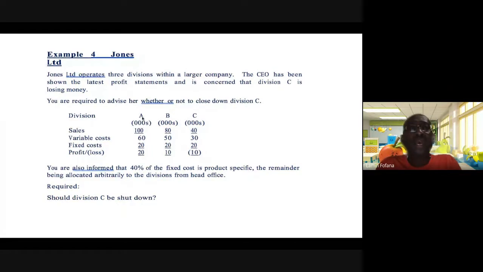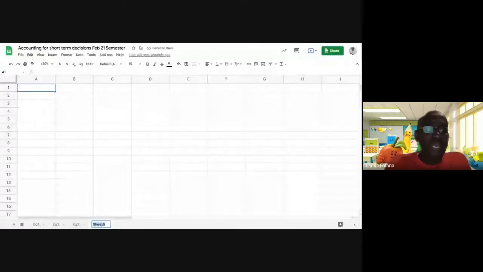I guess by now you've got a screenshot of example 4. We're going to move away from it and go to our spreadsheet to answer the question. So I'm going to stop sharing this and then do the spreadsheet. I'm going to add a new worksheet and I'll call it example 4, EG 4.